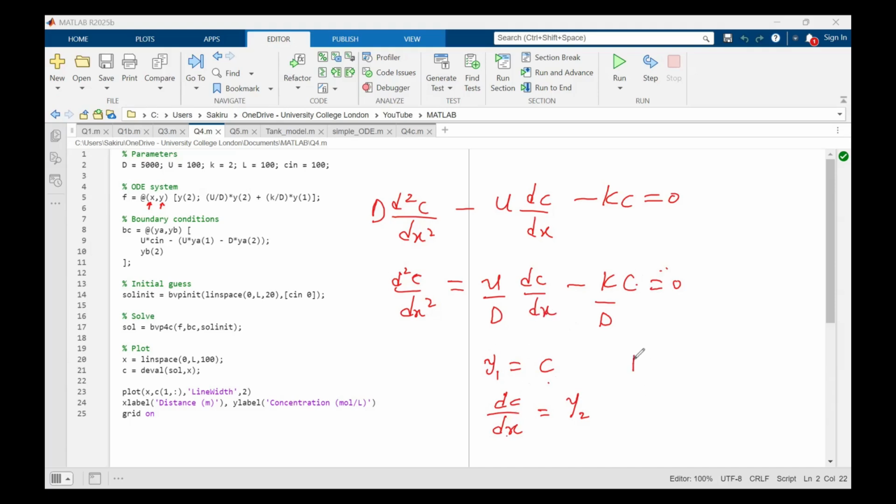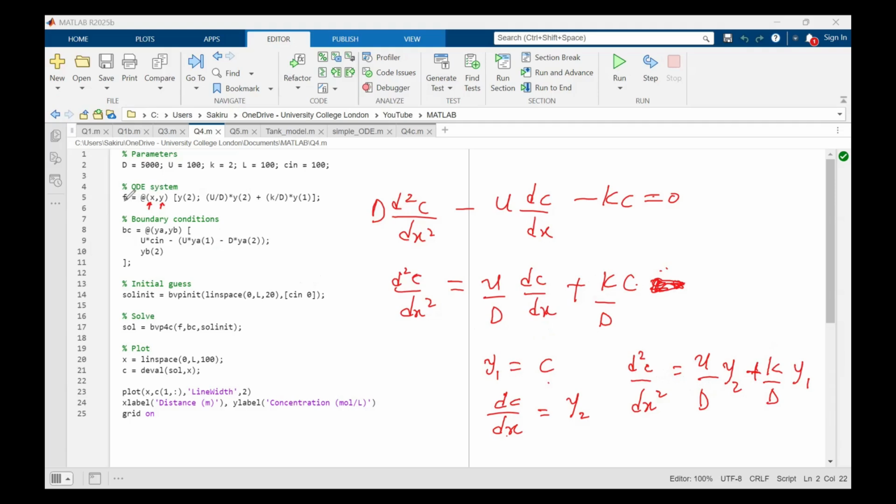So the right-hand side of that equation would therefore be u over D y2 minus k over D y1. Okay, sorry, this will be plus here. Yeah, that should be plus there. So it should be y1 like that. And so that's what you're going to write.